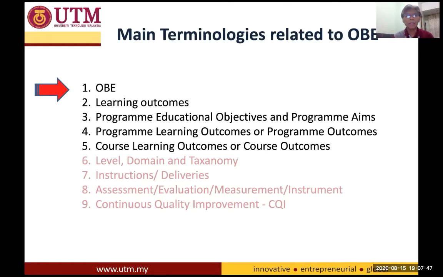There are a few of them, but the later ones will be explained during the next session. I will concentrate on the first five: number one, OBE, then learning outcomes, program educational objectives or program aims, program learning outcomes or program outcomes, and last but not least, course learning outcomes or course outcomes.